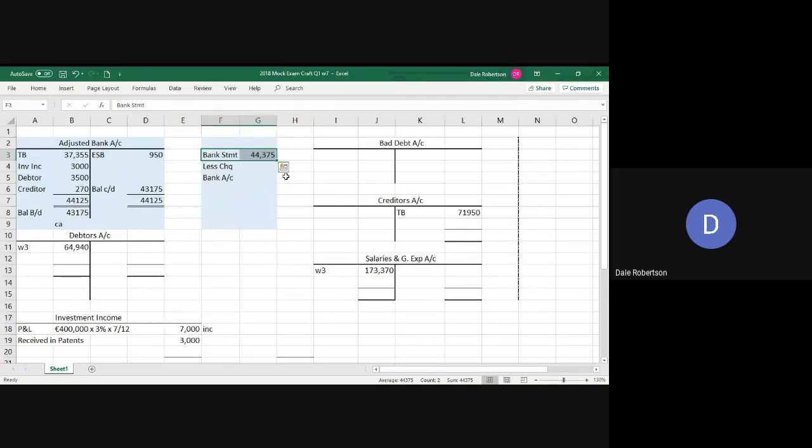That's how much money the bank say we have. But of course, they are unaware of a check which we have written for €1,200, which if we take out will give us 43,175. And when this number matches over here, then you can be safe in the knowledge that you have done this part correctly, the adjusted bank account.